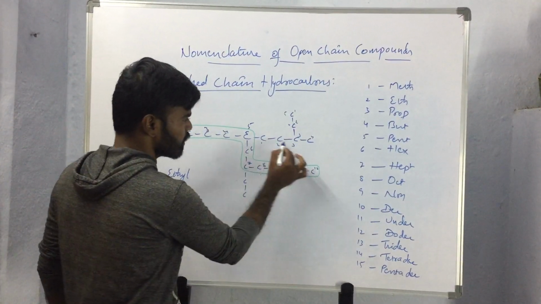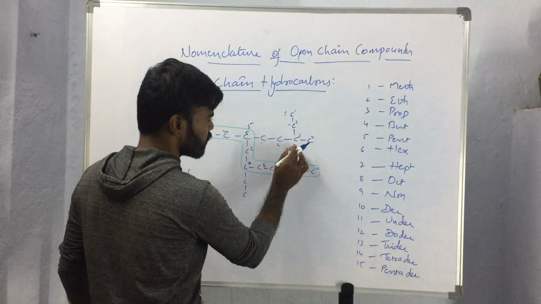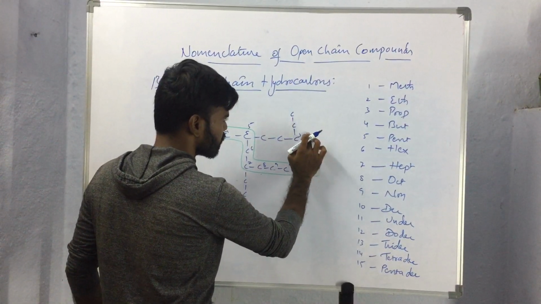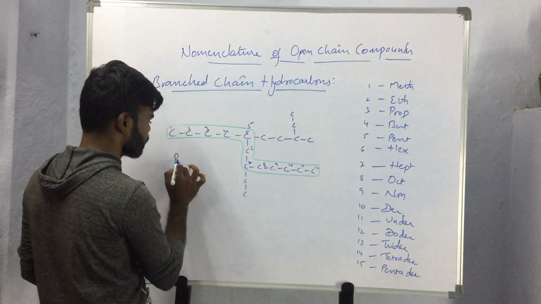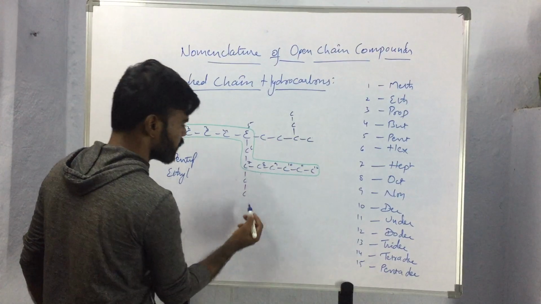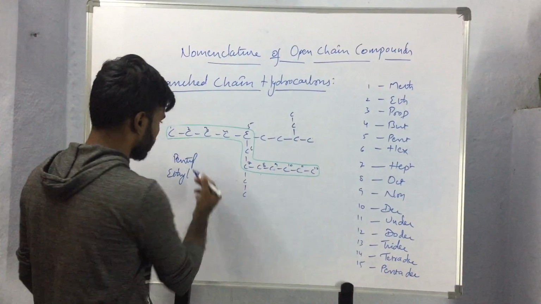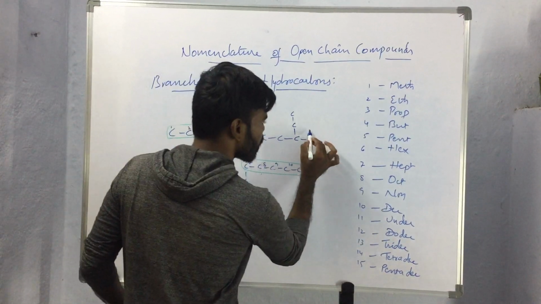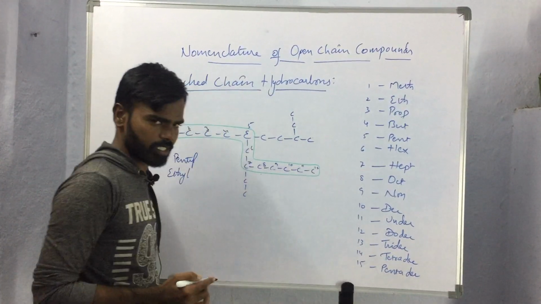So we will select the longest possible continuous chain. So here the substituent is a pentyl substituent. One is a pentyl substituent, another one is an ethyl substituent. Now on this pentyl substituent also one methyl substituent is present.